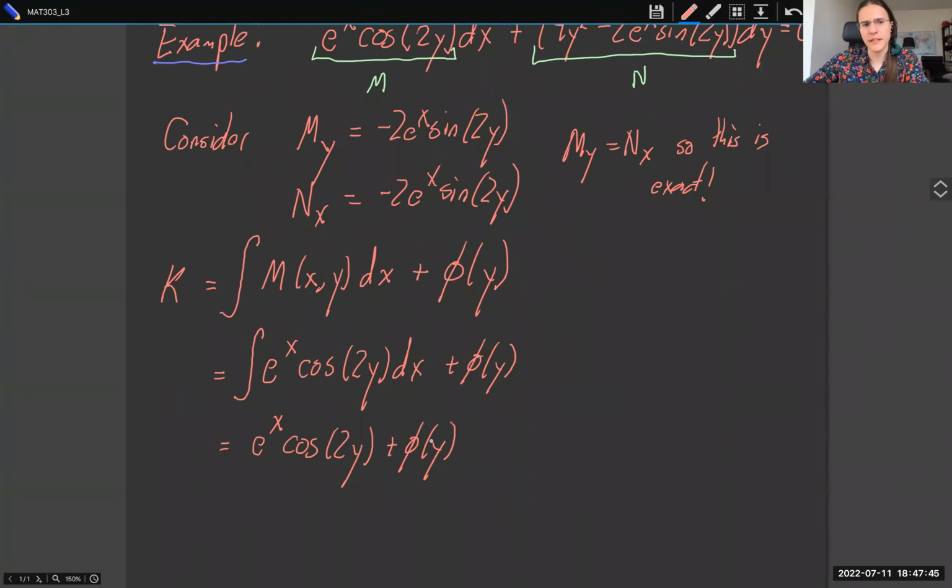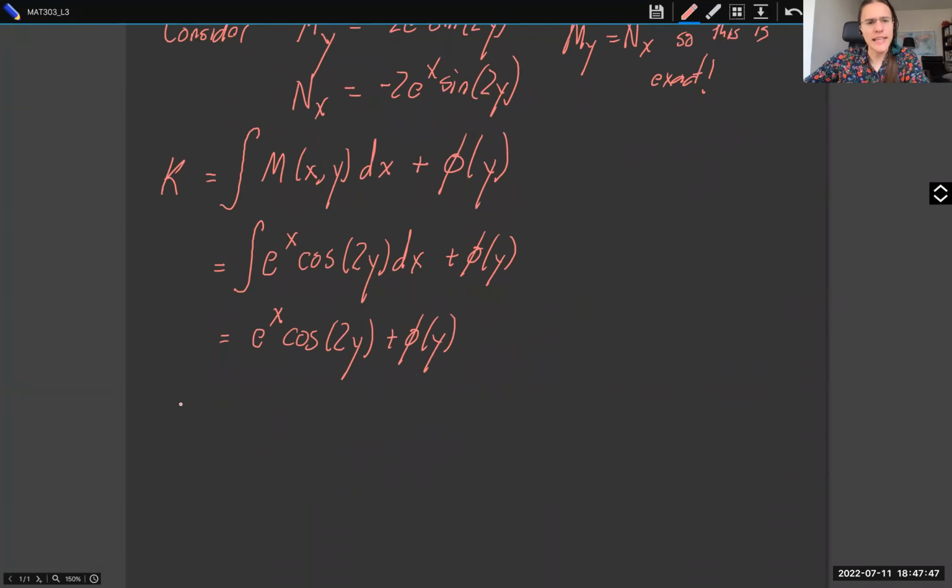Now, what is phi? Well, I know that N is equal to the partial derivative of K with respect to y by definition, right? And what is the partial derivative of K with respect to y? Well, I have this quantity right here, and I'm going to differentiate it with respect to y, keeping x as constant. So the derivative of cosine is minus sine.